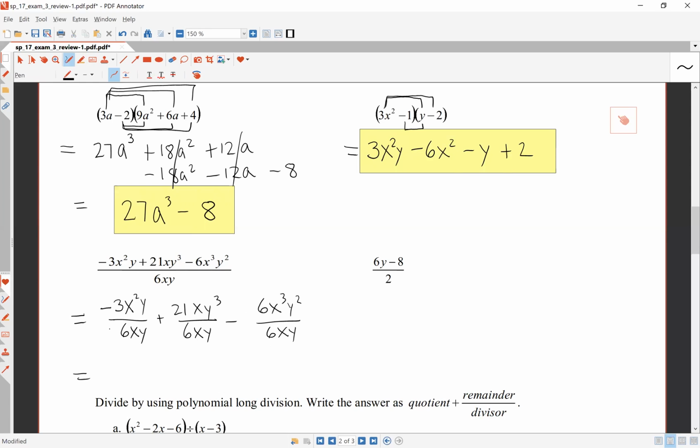Negative 3x squared y divided by 6xy, the y's cancel. X squared over x is x, and negative 3 over 6 is negative 1 over 2. So we write that as negative x over 2.